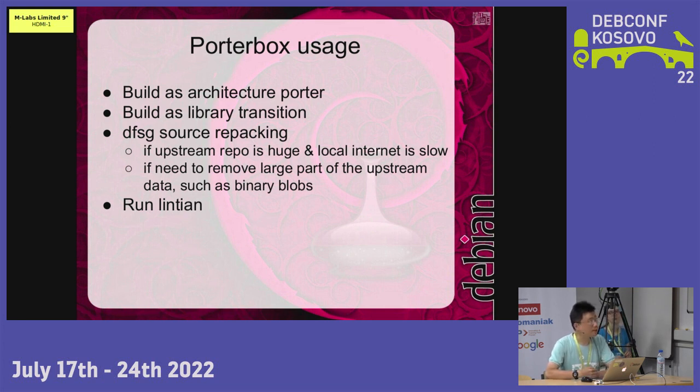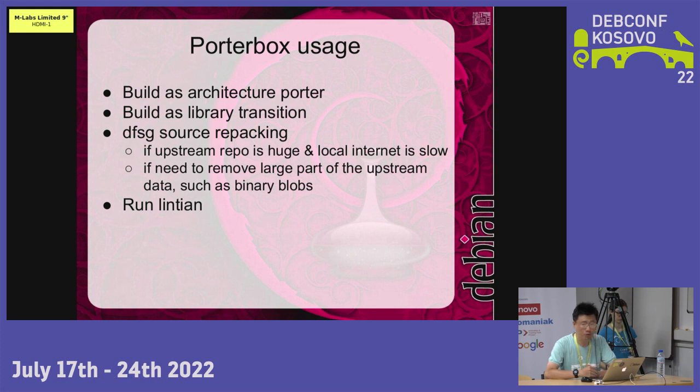Another usage is library transition: building the package using a specific library, maybe in the experimental repository, to do a trial build. Another usage is DFSG source repackaging.